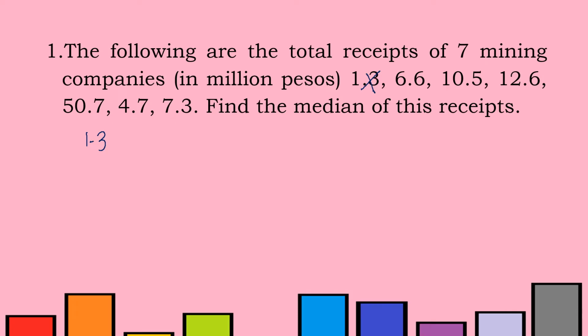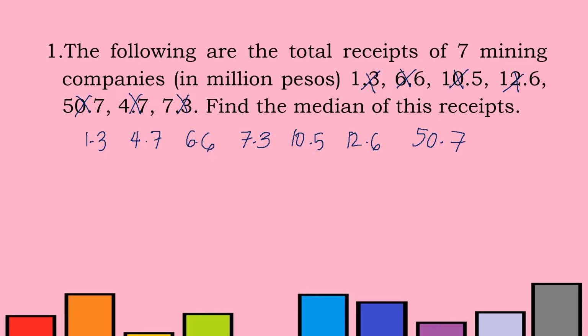And then the next one is 4.7, and then we have 6.6. Okay. We have 7.3. And then 10.5. Then next is 12.6. And then the last one is 50.7. Okay?